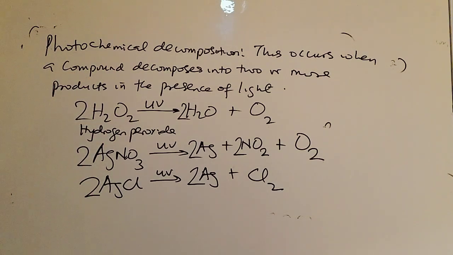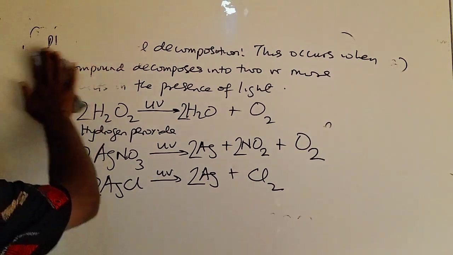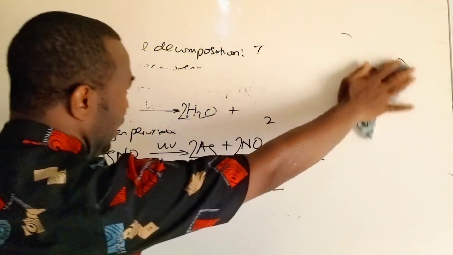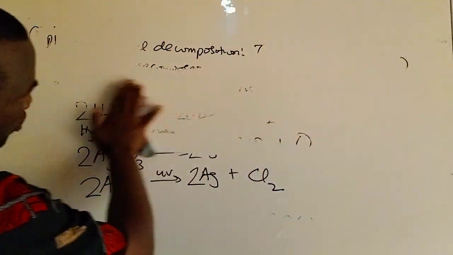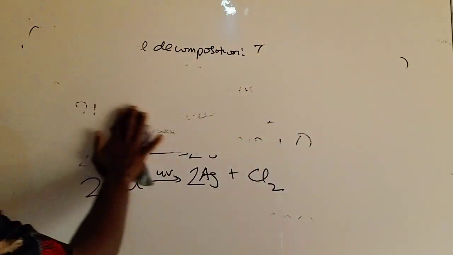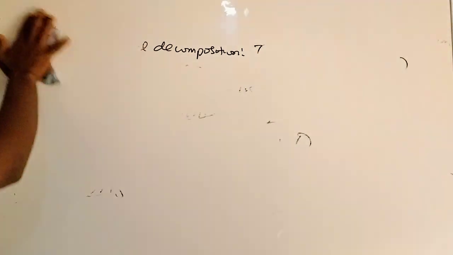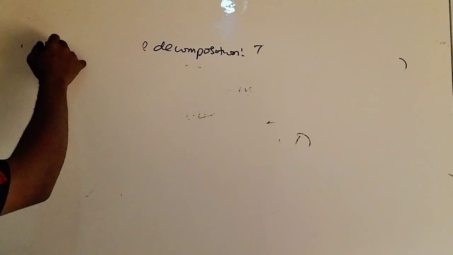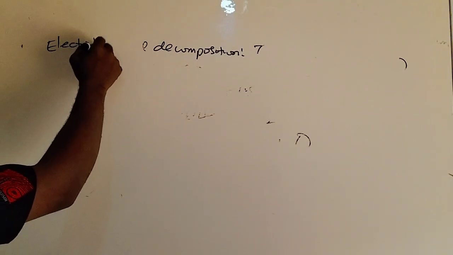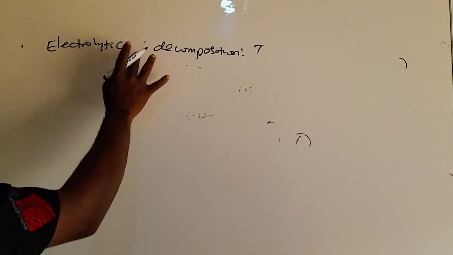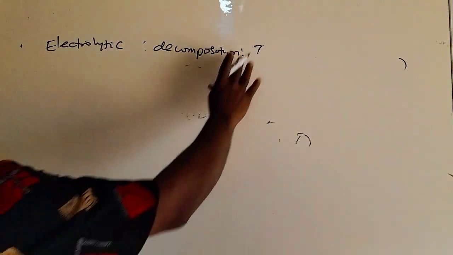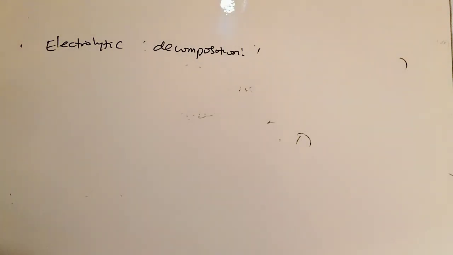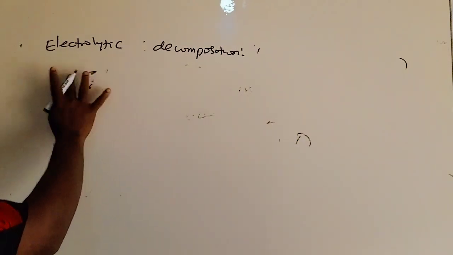So the next type of decomposition reaction is electrolytic decomposition reaction, which is also known as electrolysis. In electrolytic decomposition reaction, electric current is passed through a substance, causing it to decompose. An example is the electrolytic decomposition of water.